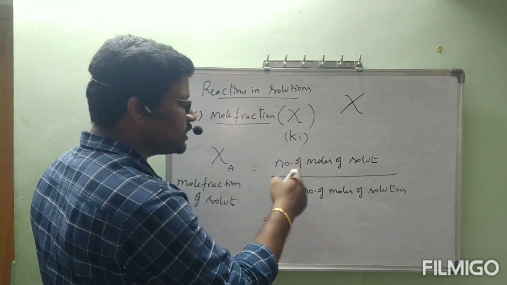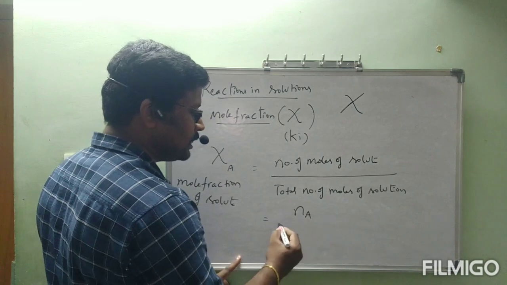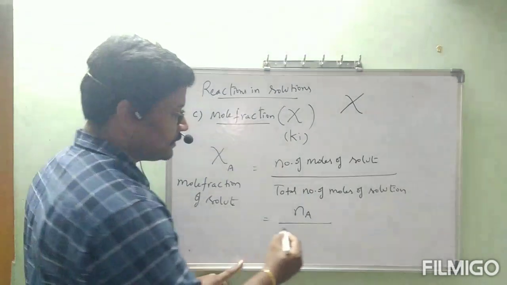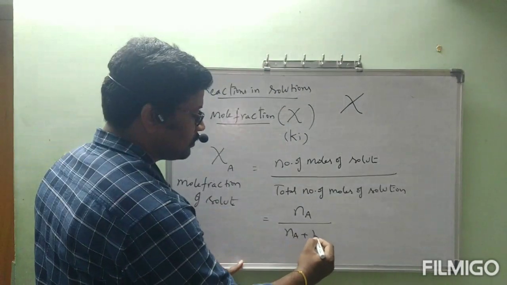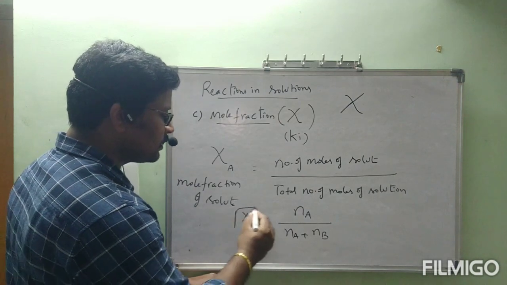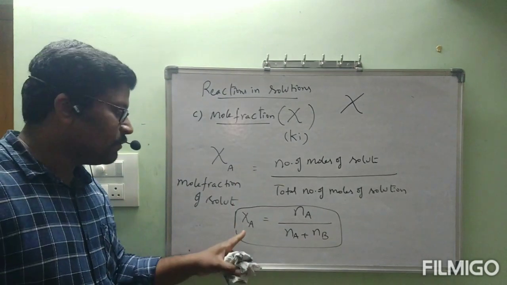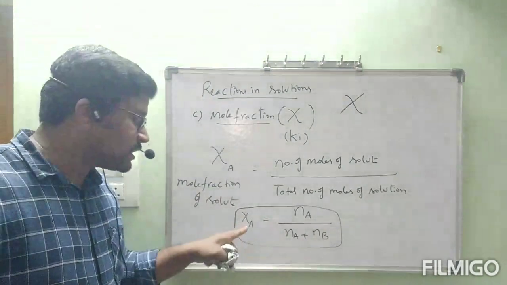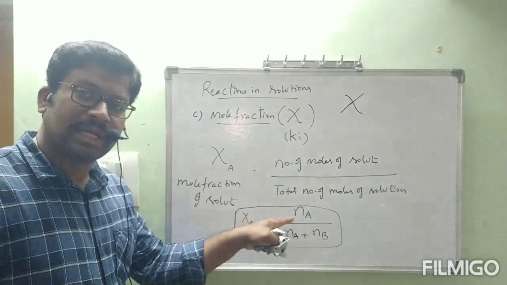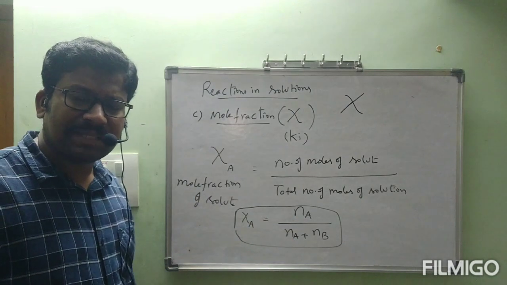Then what is the representation of number of moles of solute? That is Na, divided by total number of moles of solution, Na plus Nb. This is called mole fraction of A. Keep it in a box neatly. Mole fraction of A is equal to, A is solute only, that component's number of moles Na divided by Na plus Nb.